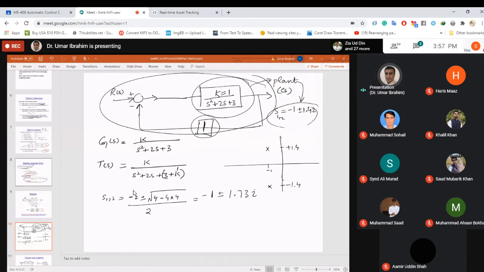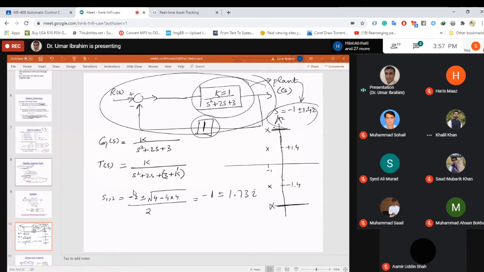They are at -1 and ±1.7. They are here actually. ठीक है, यहाँ तक क्लियर है?